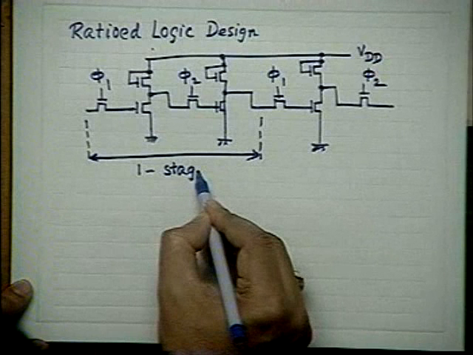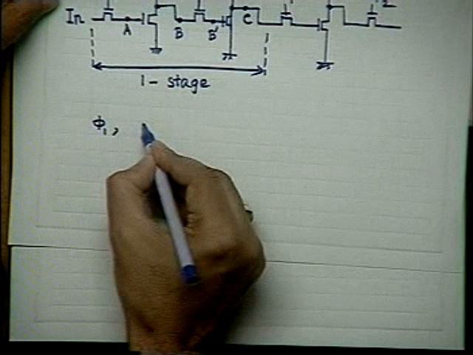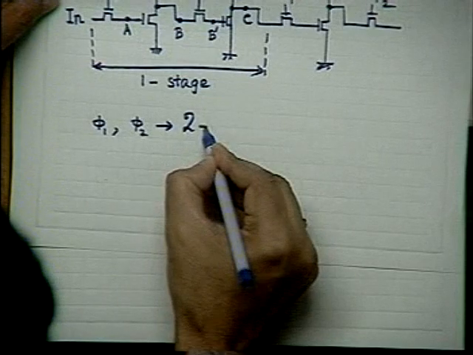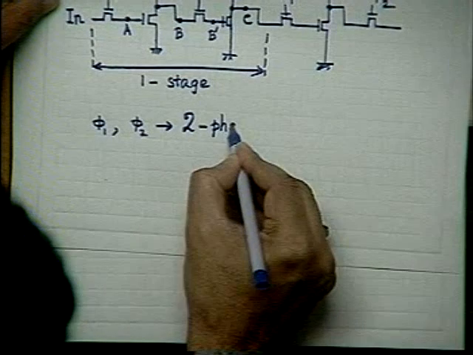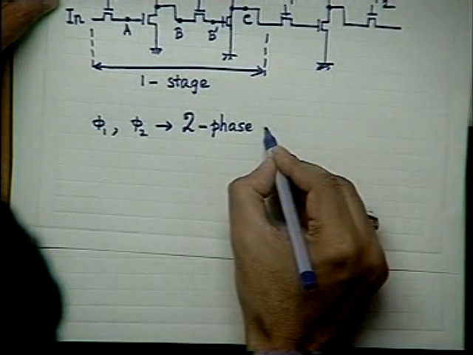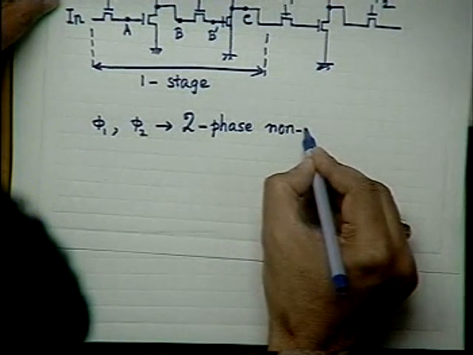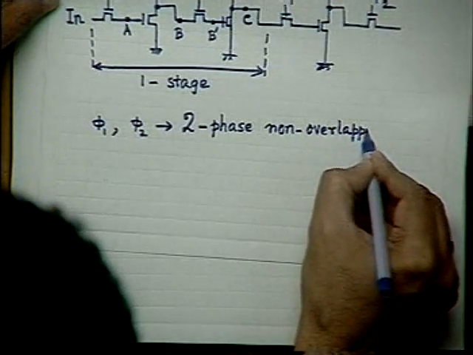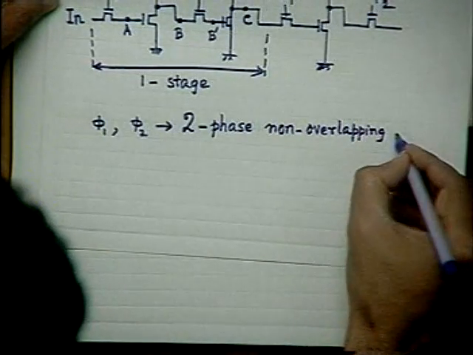These clocks are called two-phase non-overlapping clocks. So phi 1 and phi 2 are two-phase non-overlapping clocks.